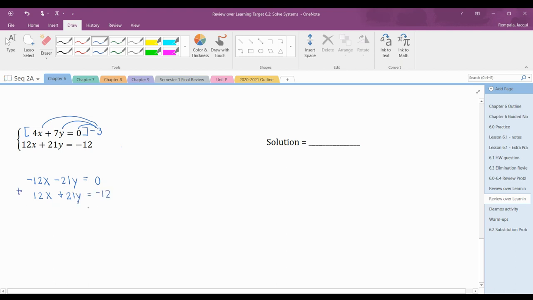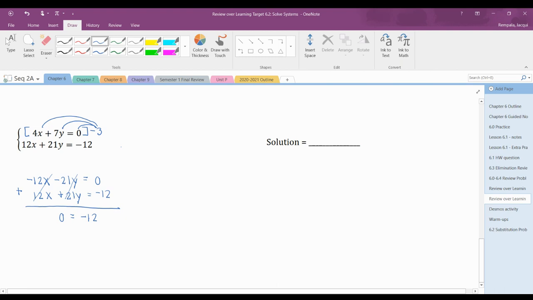But now I can add up my equations because once again, negative 12x plus 12x, that's going to turn to 0. If we look at the y's, negative 21y plus 21y, these are opposites as well. So that's going to cancel. So if everything on the left cancels, then I just have 0. On the right-hand side, we have 0 plus negative 12, which will be negative 12.